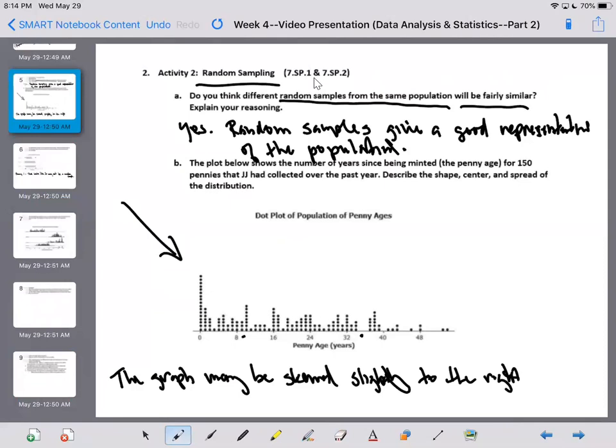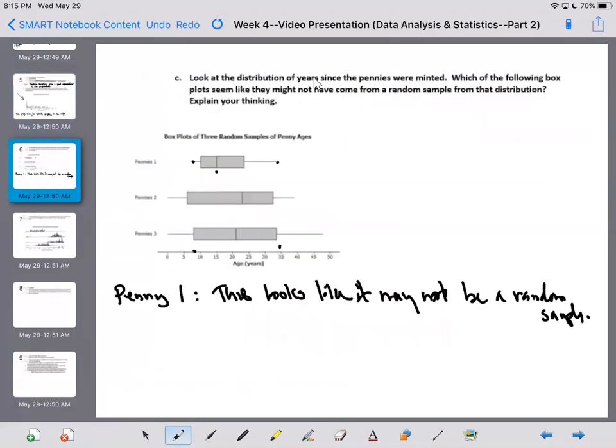It doesn't really represent what's going on over here or over here. So we're kind of taking a little bit more of the middle. So that's why I would say that box plot number 1 wouldn't represent a very good random sample.